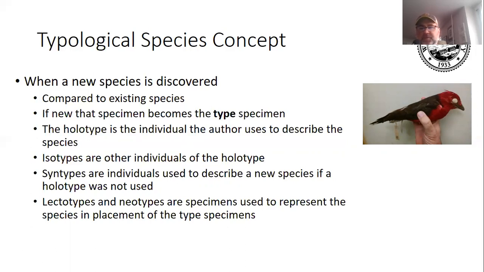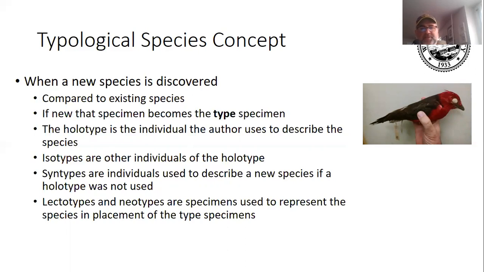So if this was a type specimen of the crimson fruit crow, a Guianan Shield endemic species, so it's only found in certain parts of the Amazon. If this was the holotype, then the author would have used that individual, no other individual, that individual, to describe the color, gut contents, measure the wings, the iris color, etc. And that individual now represents the species.